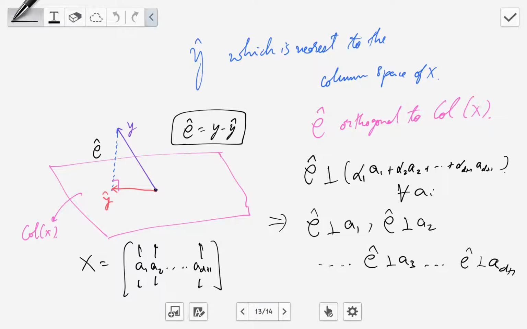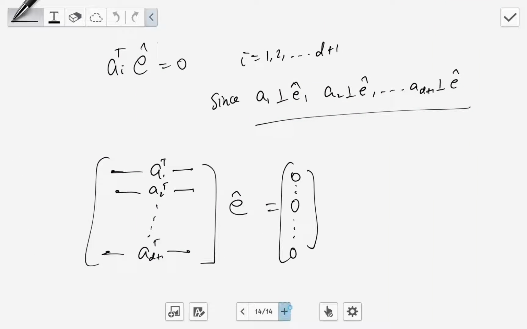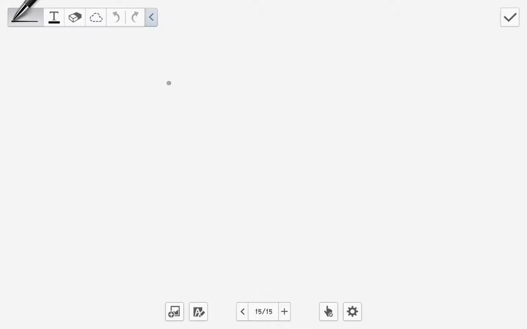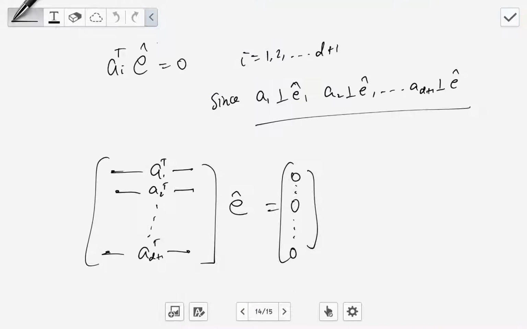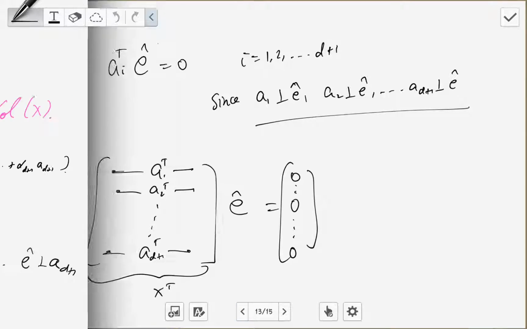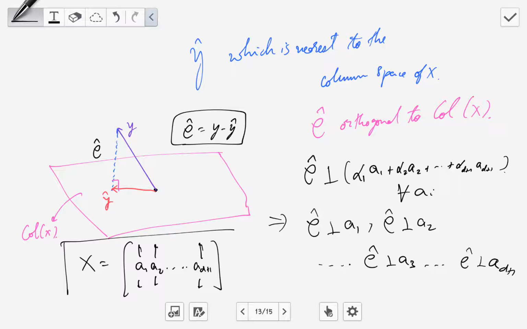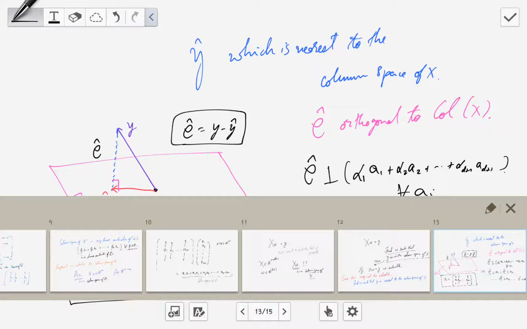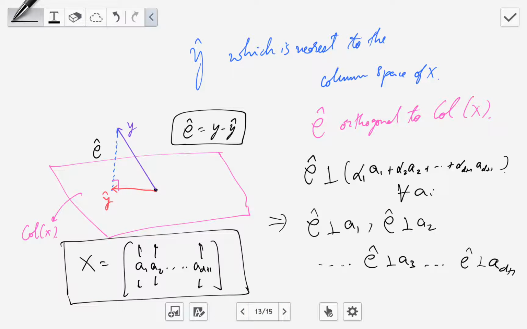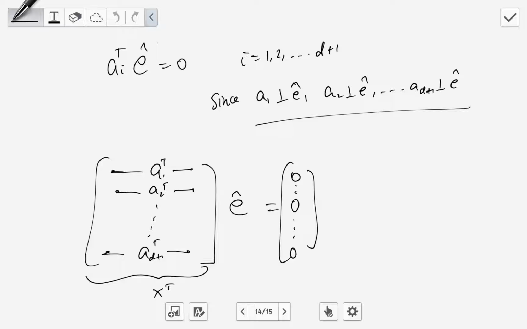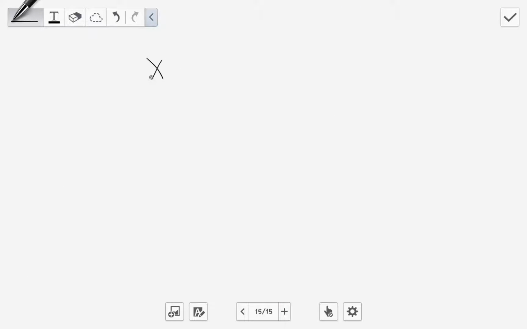E cap is given as y minus y cap. And what is this matrix here? It is your X transpose matrix. Since this was X, X transpose would be that. So what we have is X transpose E cap is equal to 0. And that means X transpose times y minus y cap is equal to 0.